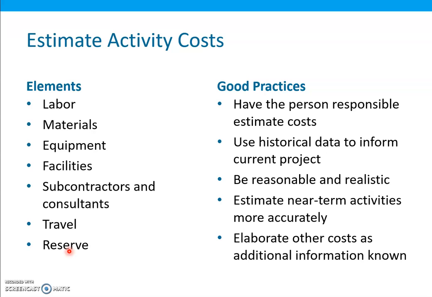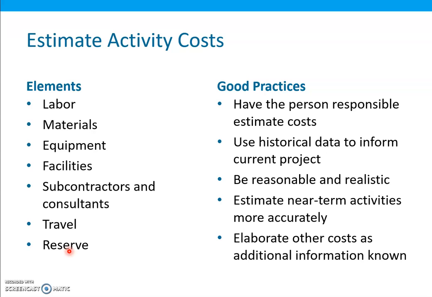This is to cover the unexpected situations that may come up during the project, such as items that may have been overlooked when the initial project scope was defined, activities that may have to be redone because they may not work the first time. These are called redesigns, or a high probability or high impact risk that may occur.